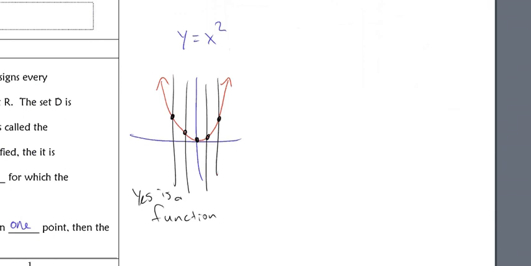On the other hand, if we have the equation x equals y squared, this is no longer a function of x. Now it's actually a function of y, but we really don't consider those. We consider just functions of x, of our input here on the x-axis. What this graph looks like is a sideways parabola.